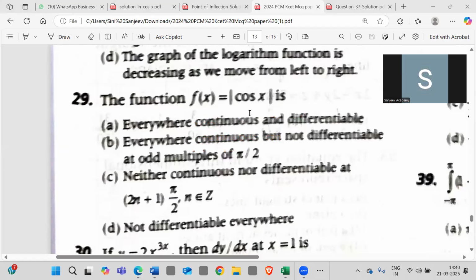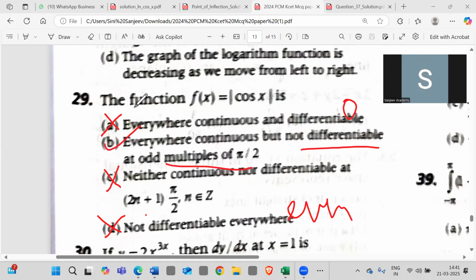Everywhere continuous and differentiable, not possible, because at odd multiples, 2n plus 1 by 2, differentiation is not possible because I'll be getting 0. Neither continuous nor differentiable, that is also not true, because it is differentiable at even multiples. So the only option is: everywhere continuous, but not differentiable at odd multiples. Option B. Is it clear?